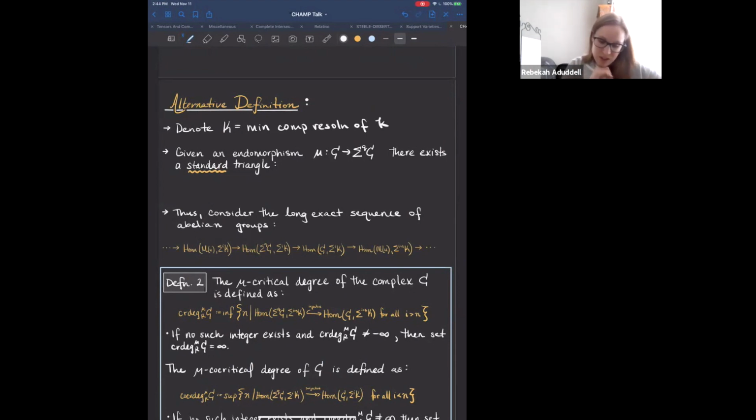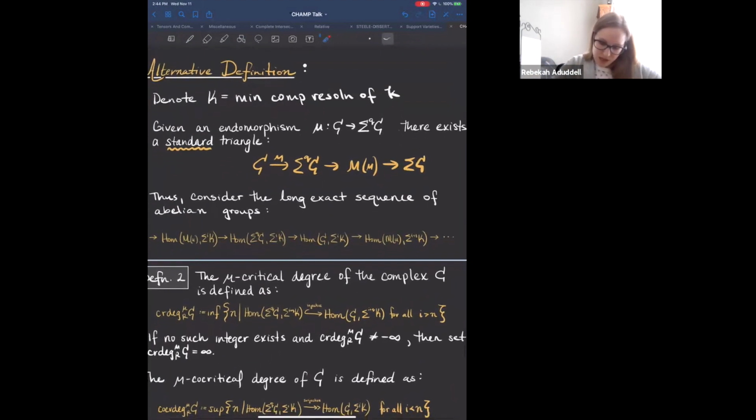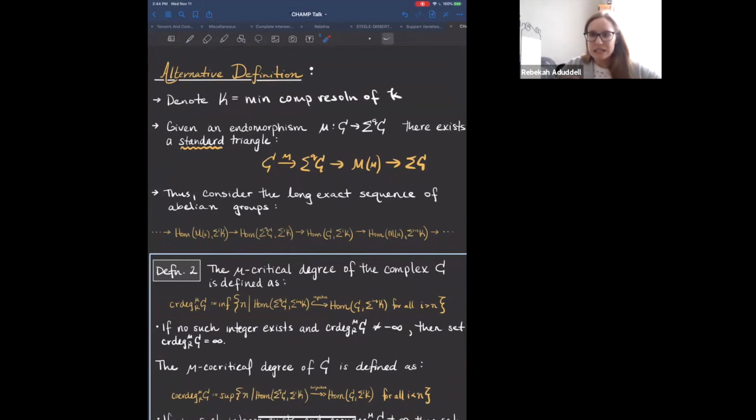Given an endomorphism mu on C, there exists a standard triangle, where this is the mapping cone of mu, and then shift C. What we get is a long exact sequence of abelian groups. You have one for both the contravariant and the covariant. We're doing the contravariant. I wrote this out previously, and this is what we're going to use to propose this alternative definition.